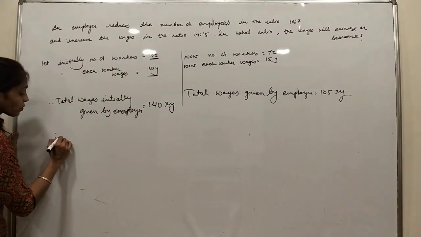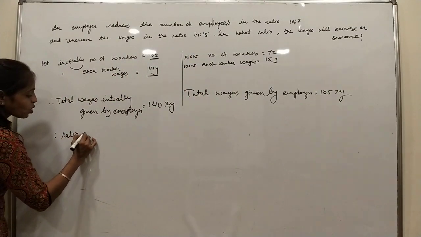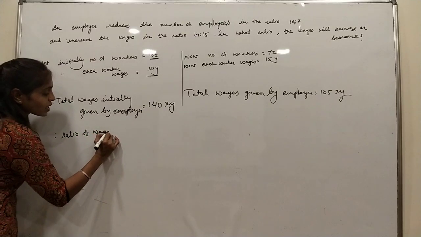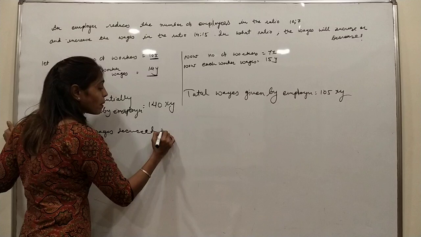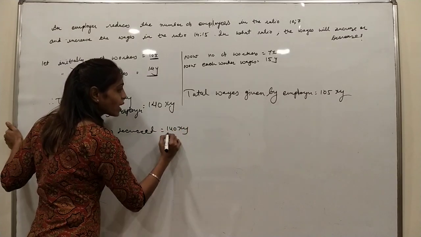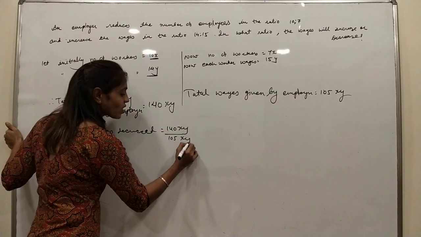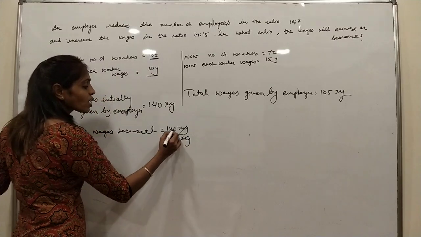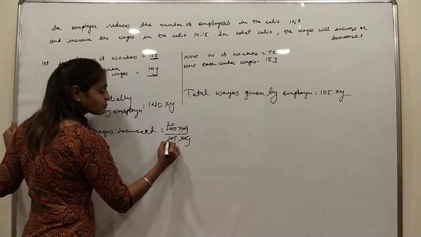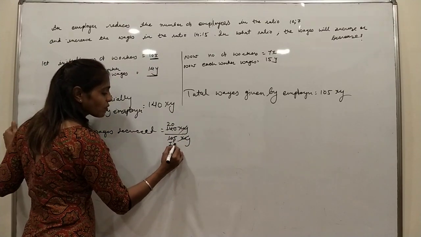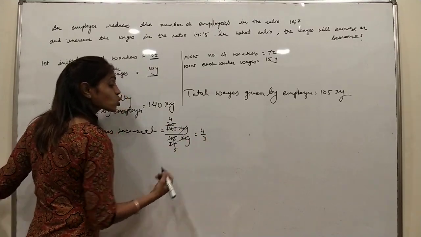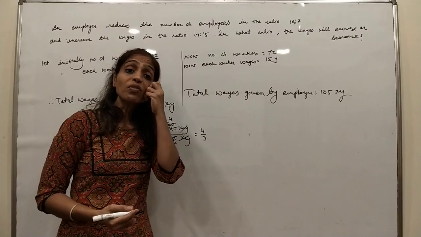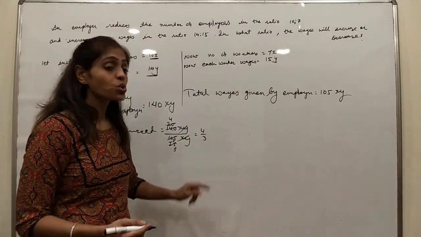So the ratio of wages decreased is 140xy upon 105xy, xy cancel, 7 twos are 14, 7 threes are 21, 7 fives are 35... so the ratio is 4:3. So total wages decreased in 4:3 ratio.